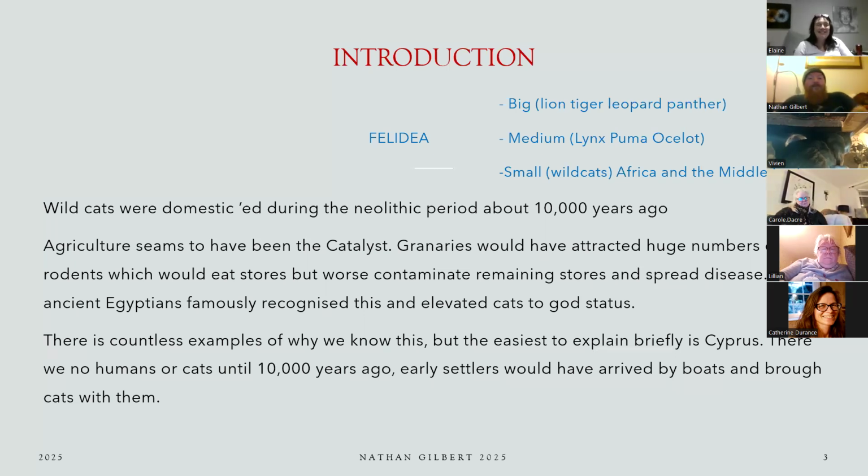So we know that wild cats were domesticated about 10,000 years ago. It was sort of towards the end of the Stone Age and the Neolithic period. Agriculture seems to have gone hand in hand in that. When we were hunter-gatherers living in groups of 10 or 20, there wasn't a huge need to store food.